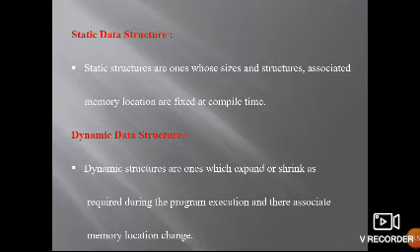Static data structures are the ones whose size and associated memory allocations are fixed at compile time. Dynamic data structures are ones that expand or shrink as required during program execution, and their associated memory allocation changes.